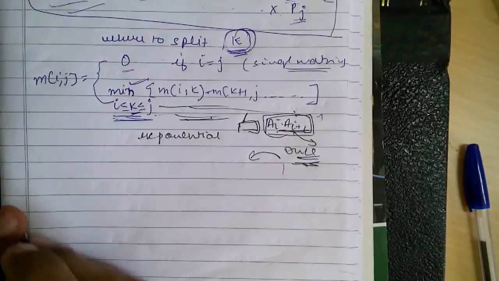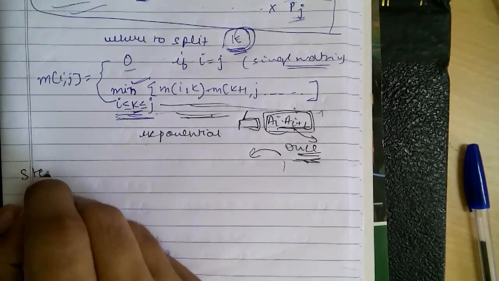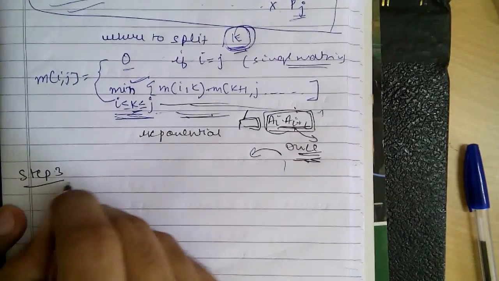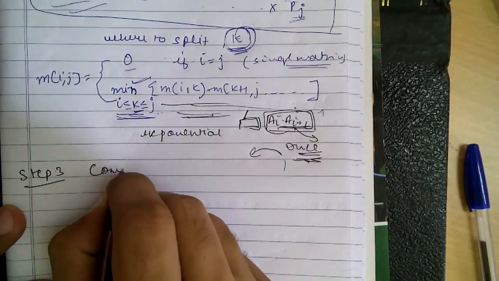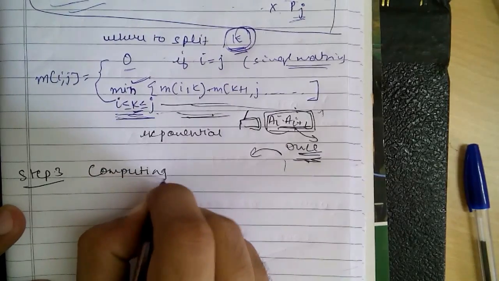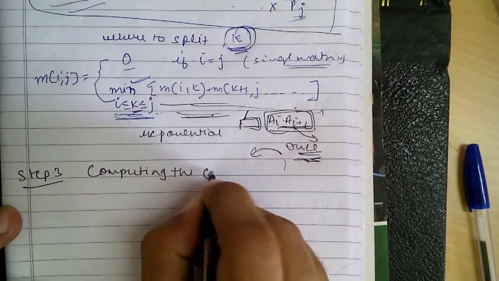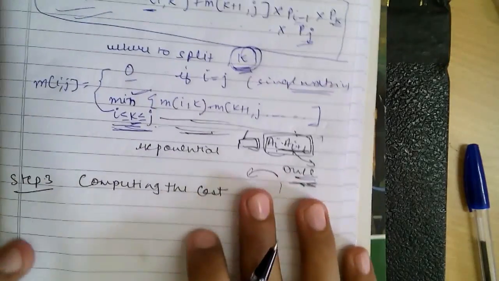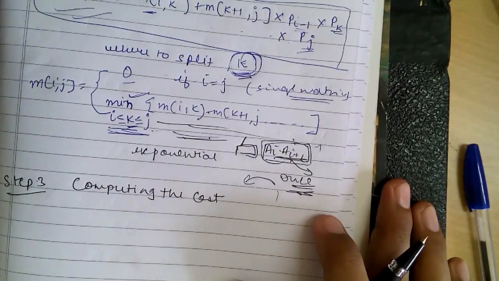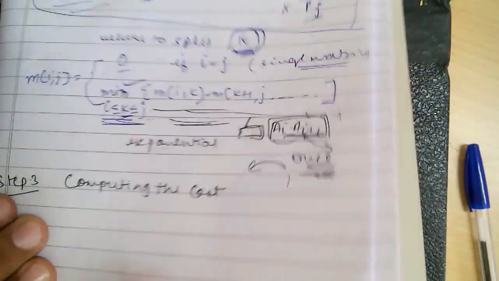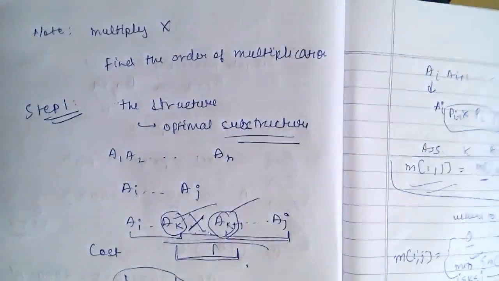Okay, now let's move on to step 3, that is computing the optimal cost. Now we will compute the cost according to the algorithm.